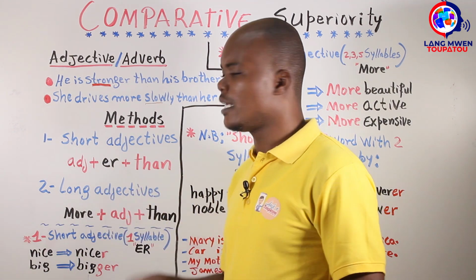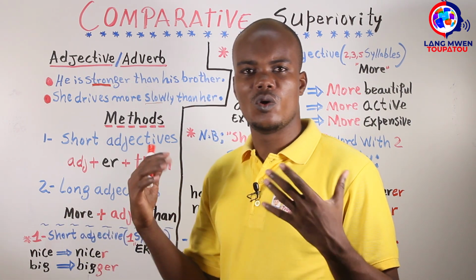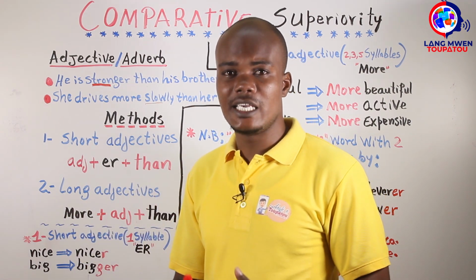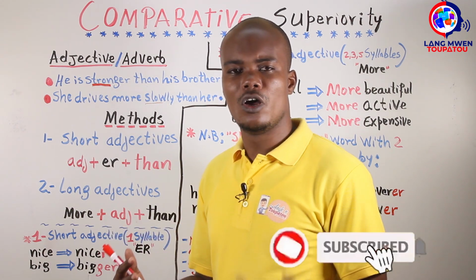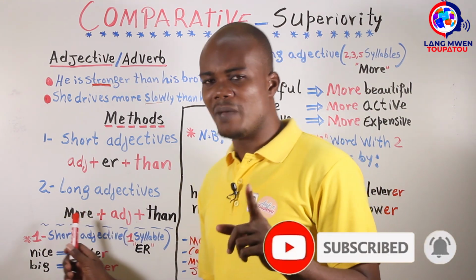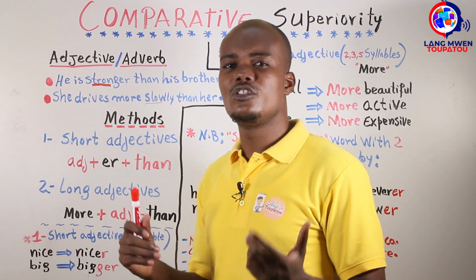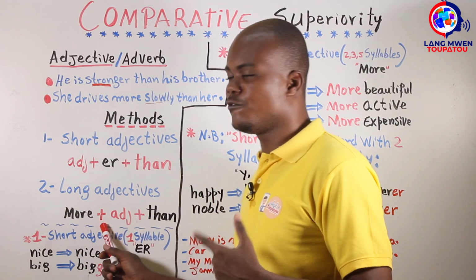Great. Secondly, you must know long adjectives. When an adjective is long, you're going to know. But when you know, remember, when you use a long adjective, you apply this formula.